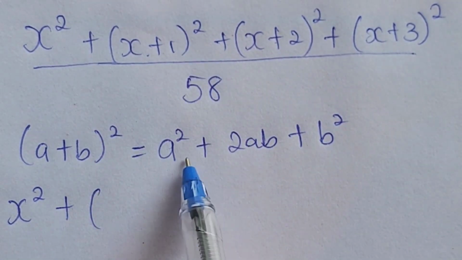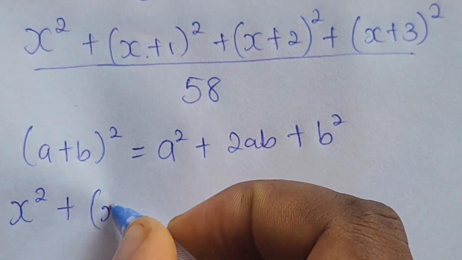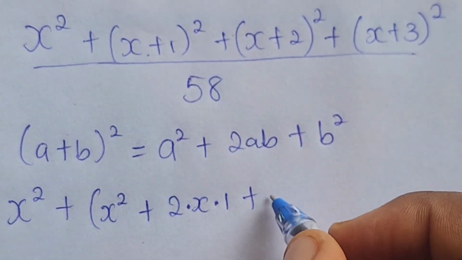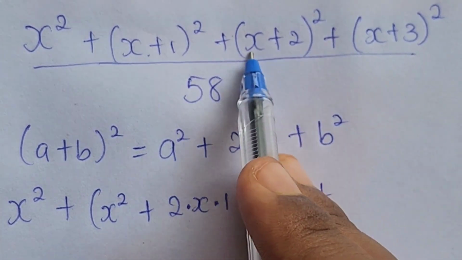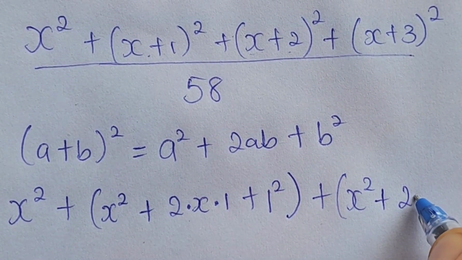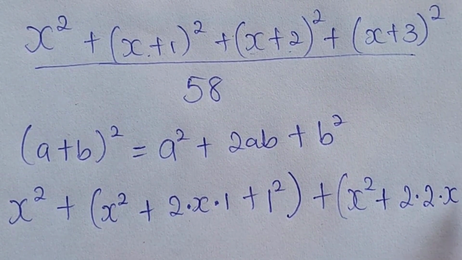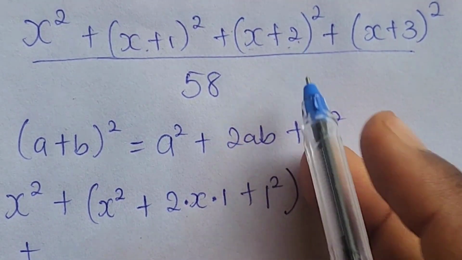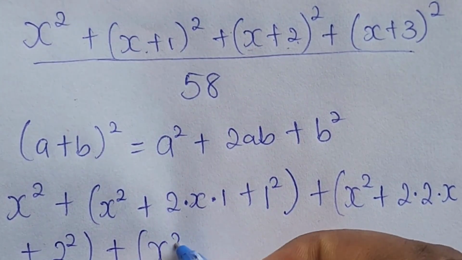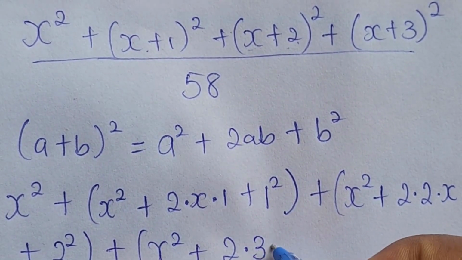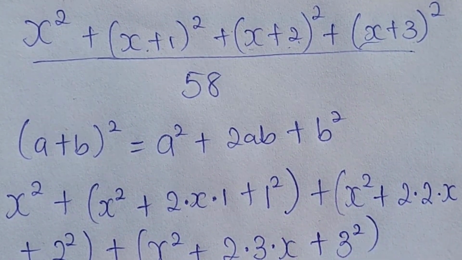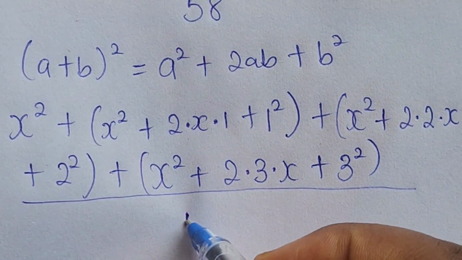Our x plus 1, when we expand it to this form, we have x squared plus 2 times x times 1 plus 1 squared, plus we have the second bracket here, we have x squared plus 2 times 2 times x, we have 2 to the power of 2, plus we have the last bracket here, we have x squared plus 2 times 3 times x plus 3 squared, and this is over 58.